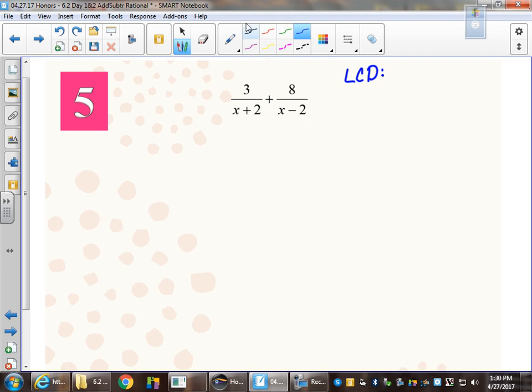Well, this is a new type of example because now I don't have a single number here or even just a monomial like 5x or 10y. I now have a binomial and a binomial.